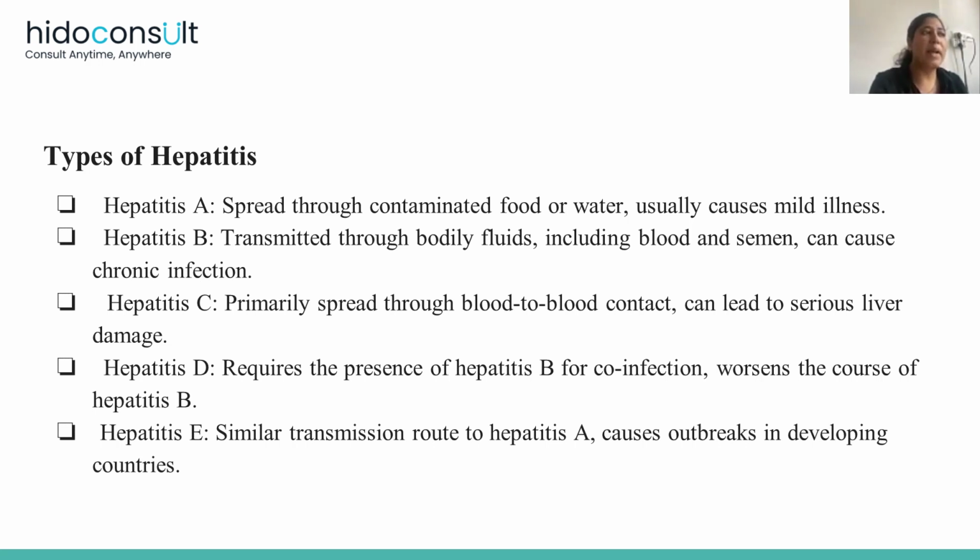Hepatitis C is primarily spread through blood-to-blood contact and can lead to serious liver disease and damage. Hepatitis D requires the presence of hepatitis B for co-infection and worsens the course of hepatitis B. Hepatitis E has a transmission route similar to hepatitis A, which is food and water, and causes outbreaks in developing countries.